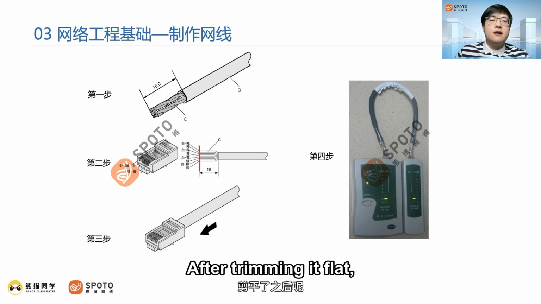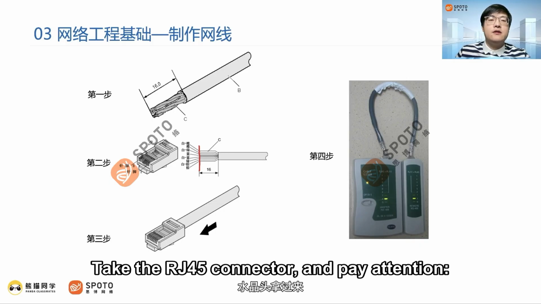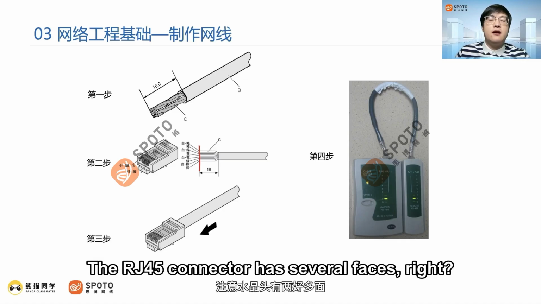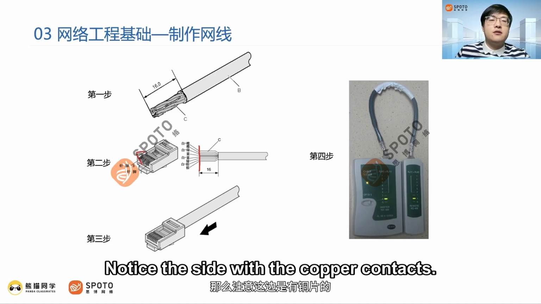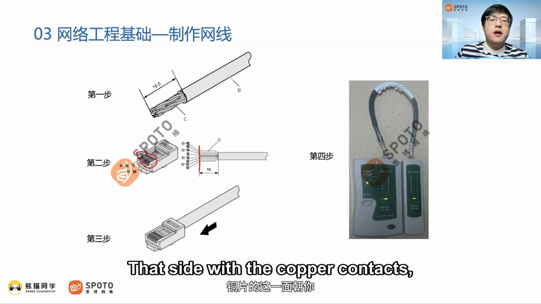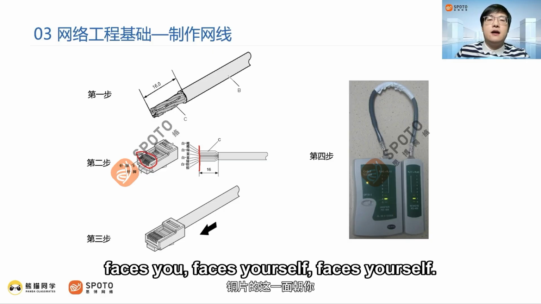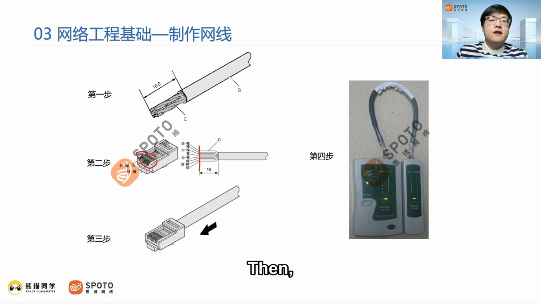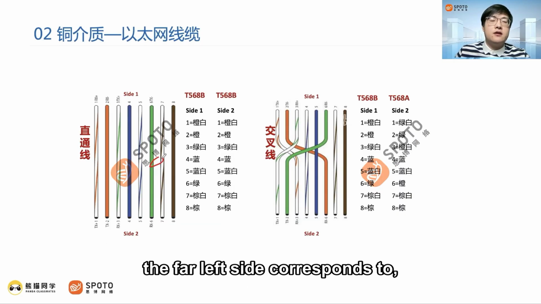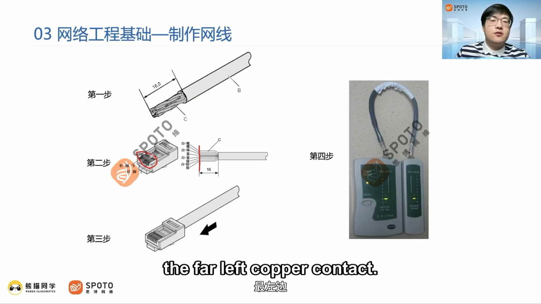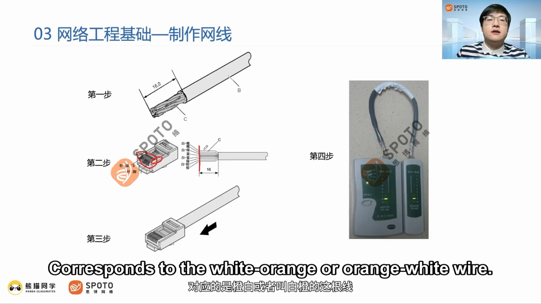After trimming it flat, take the RJ45 connector. The RJ45 connector has several faces, right? Notice the side with the copper contacts. That side with the copper contacts faces yourself. Then, the far left side corresponds to the far left copper contact, which corresponds to the white-orange wire.